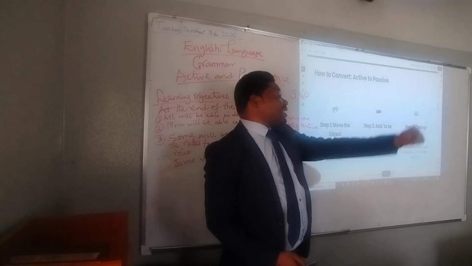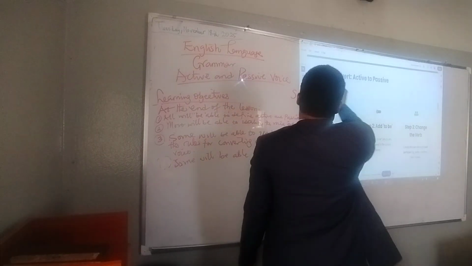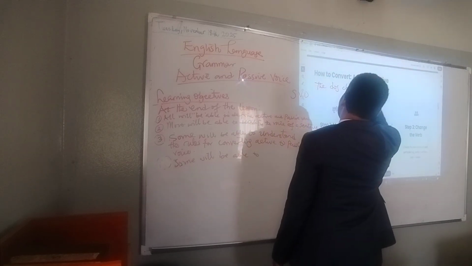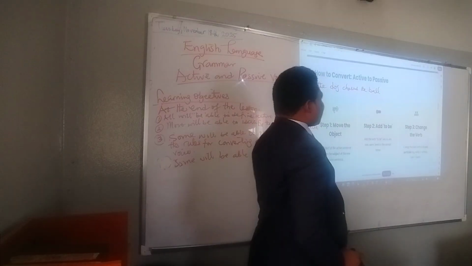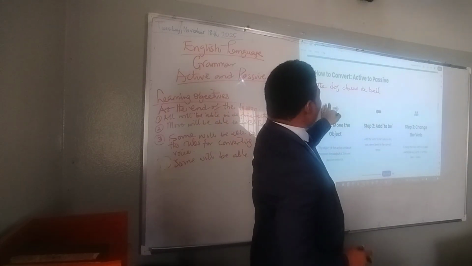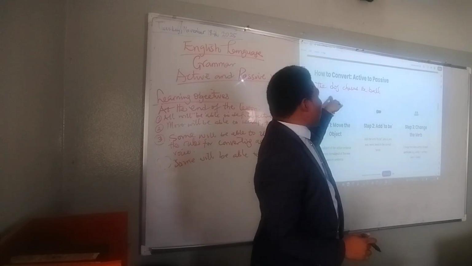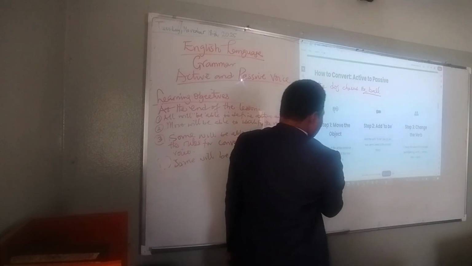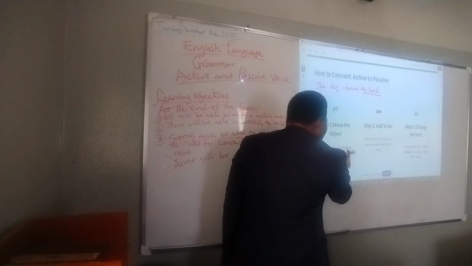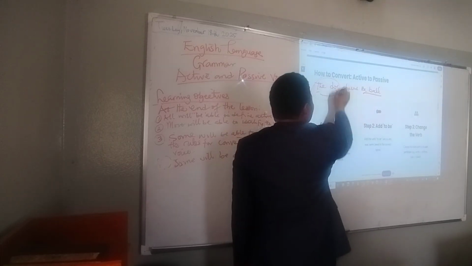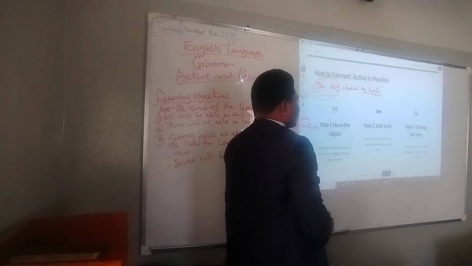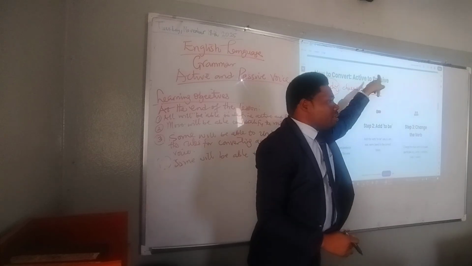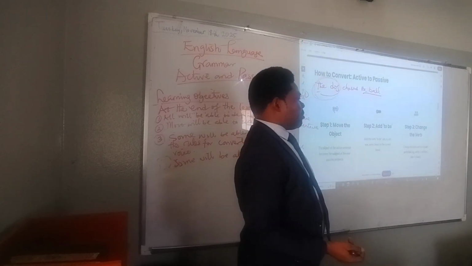So if we say the dog chased the ball, and we call the sentence active voice, and now we want to convert this from active to passive, the object, which is the ball, of this active sentence becomes the subject of the new passive sentence, right? So that's what we now have. The ball was chased by the dog. Do you understand?